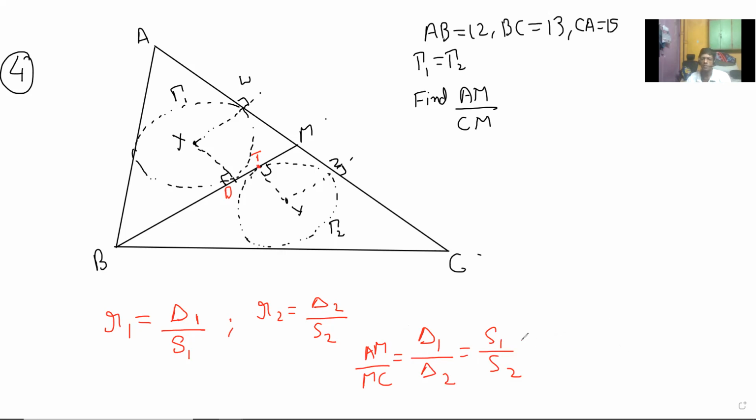And then this is like AB plus AM plus BM, plus MC plus BM. So I don't know if this is useful. So we certainly know that this is true though.